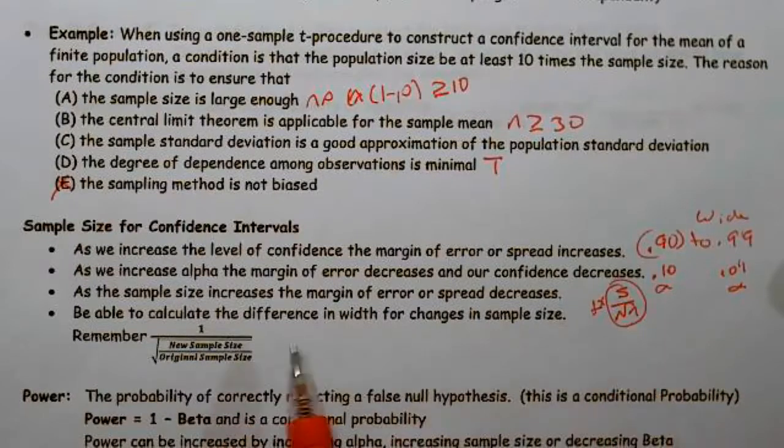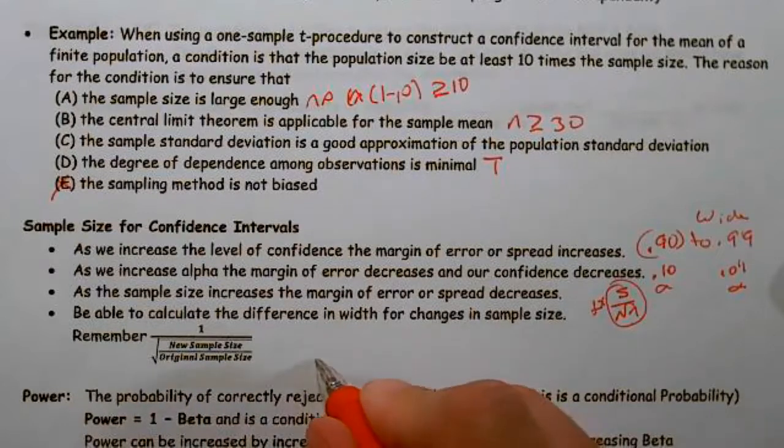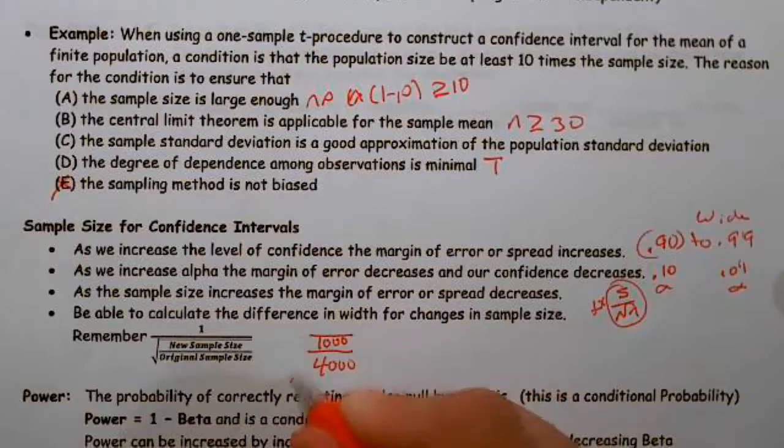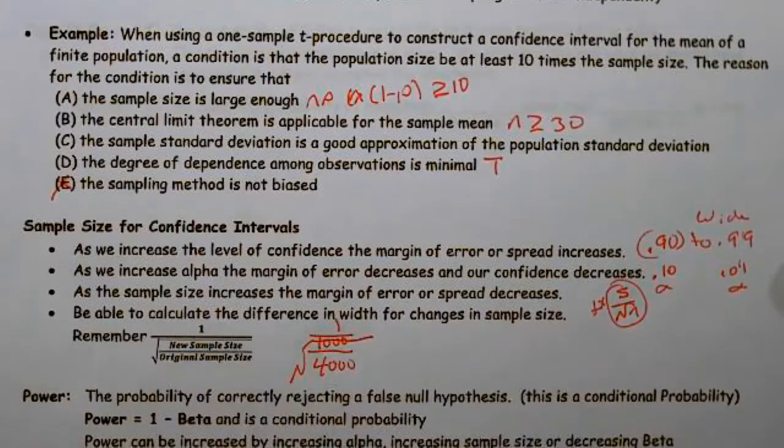Please remember that as you change sample sizes from one sample to another, it follows this formula as far as width. Let's just say we had an original sample size of 4,000 and a new sample size of 1,000. I'll put that over 1.